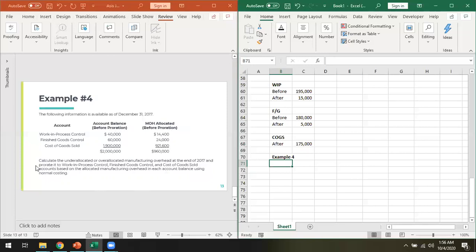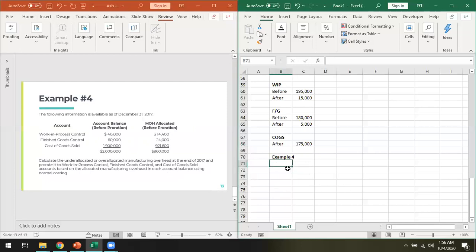In this case, we have to calculate the under-allocated or over-allocated manufacturing overhead at the end of 2017 and prorate it to the work in process control, finished goods control, and cost of goods sold accounts based on the allocated manufacturing overhead in each account balance using normal costing. So we have to prorate the differences and adjust the manufacturing overhead allocated and also the manufacturing overhead control.